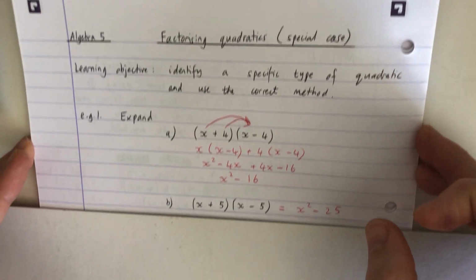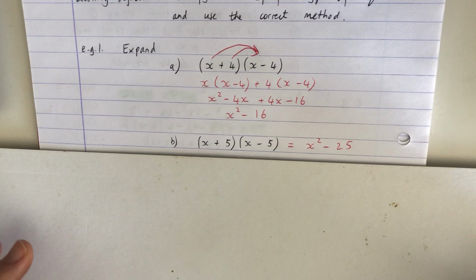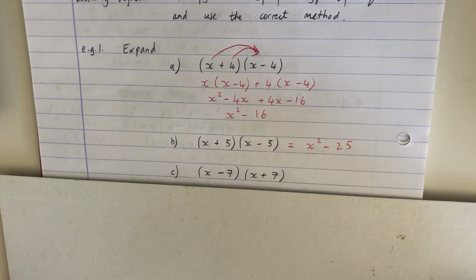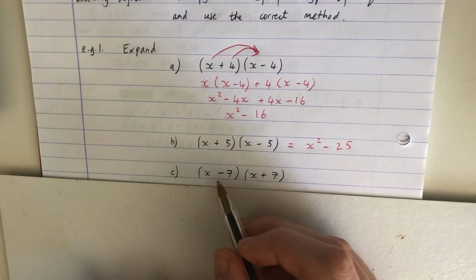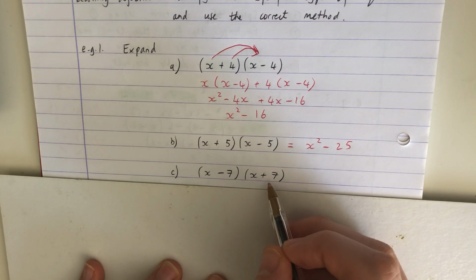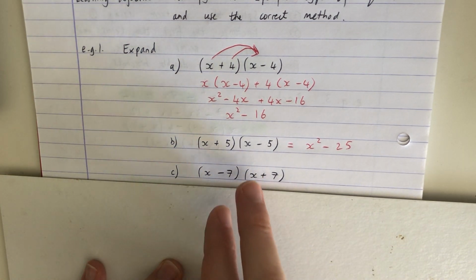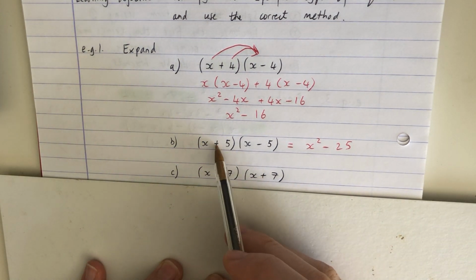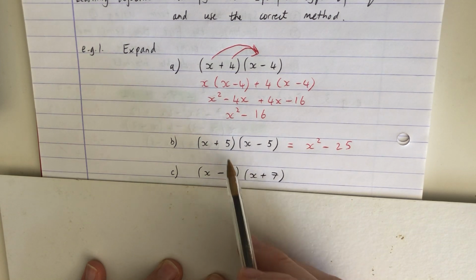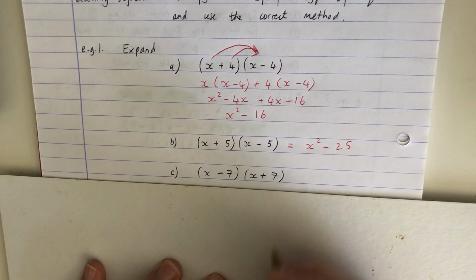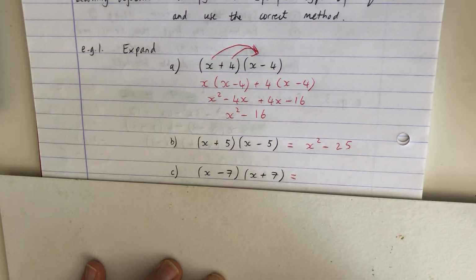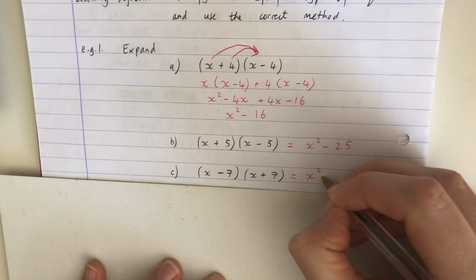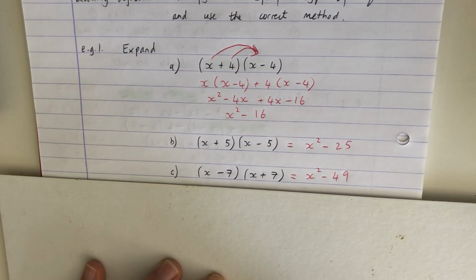Again, you could do that in your own time, but that's what that would expand to. You might start spotting the pattern now. If I had (x - 7)(x + 7), all I've done is swap the brackets around, but the pattern is the same: a plus and a minus, 5 and 5, 7 and 7. This would expand to x squared minus 49.